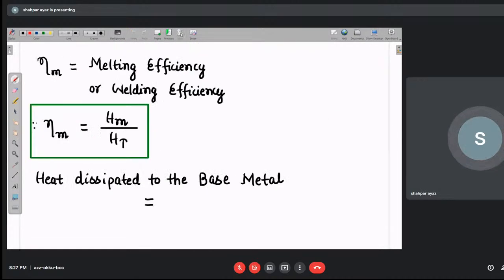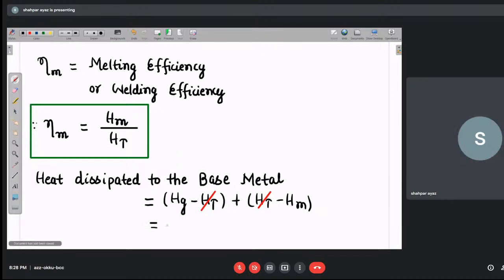You can also understand it in another fashion. Suppose the total amount of heat generated is Hg. Hg minus Ht is first transferred, and then plus Ht minus Hm is transferred to the base metal. So here you can cancel Ht. So Hg minus Hm. Whenever you do numerical, take care of this.